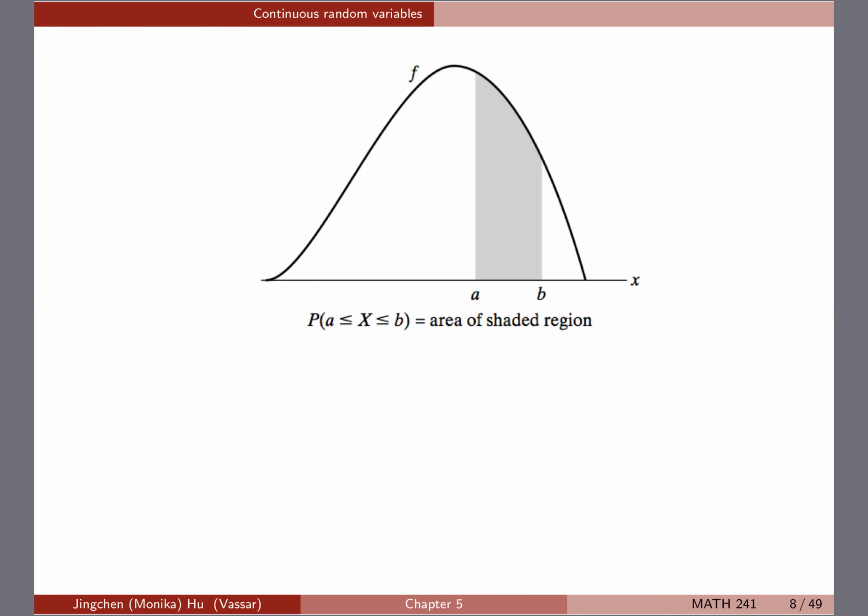So just graphically, this shaded region is what we mean by the probability of this random variable falling between a and b. Okay, so this curve is the PDF that we've been talking about. What you're doing is integrating the area under the curve between two values. And this will be the probability that the random variable falls into this region.